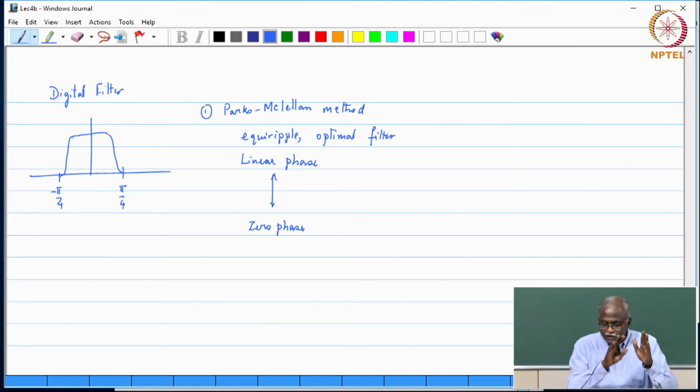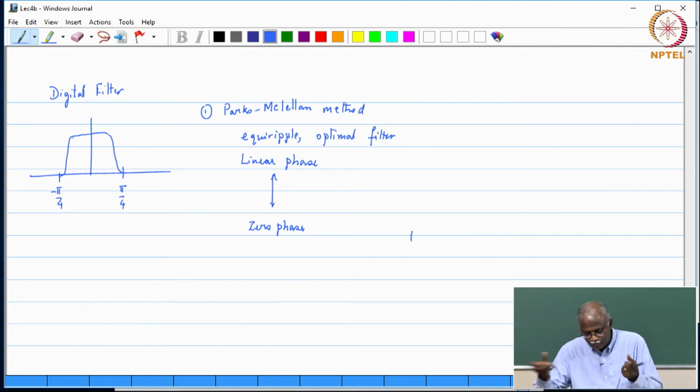But because they are finite in length, you can always shift them to get a linear phase filter. The minute you shift a zero phase filter, it will become a linear phase filter. So yes, you are right. If you want zero phase, it will be non-causal. But if you are willing to take a linear phase filter, which is perfectly okay, because in our case the reconstruction process primarily has to remove the spectral copies, a linear phase filter would do the job equally well.